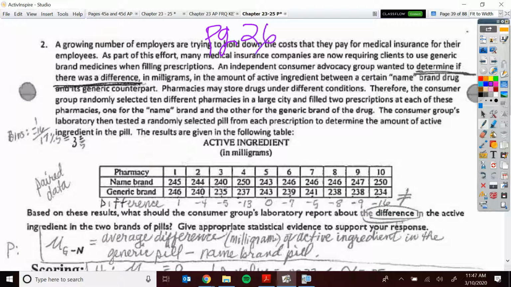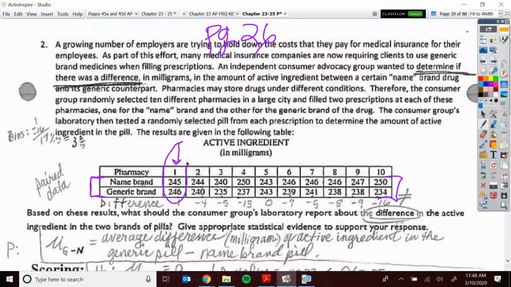Okay, taking a look at page 26, then you can see here, this is talking about the name brand and generic medicine, okay? But it is matched by pharmacy. So because we're seeing if the temperatures at the various pharmacies are affecting the way that the medicines are maintaining their amount of drugs in them.